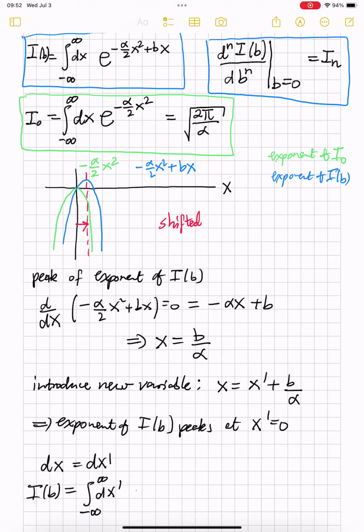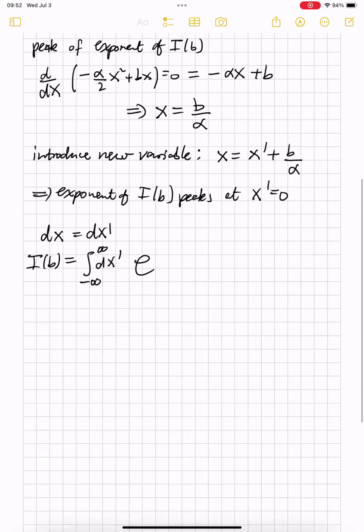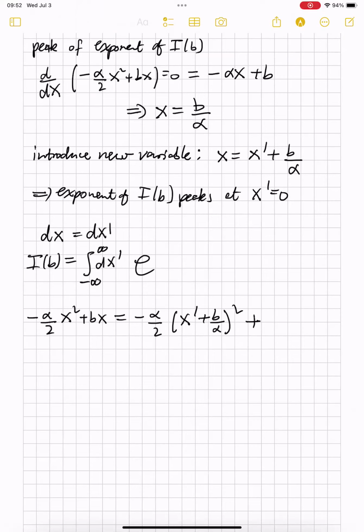And then we've got e to the power of what? Well, we've got minus alpha over 2 x squared plus bx. And that is, of course, minus alpha over 2, and we know what x is. x is just x prime plus b over alpha, squared, plus b times x, which is x prime plus b over alpha.